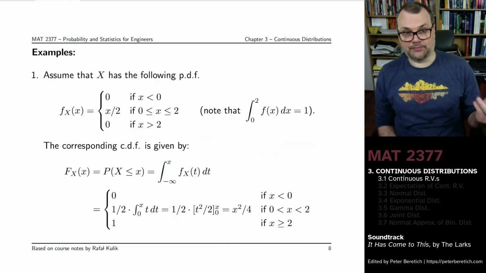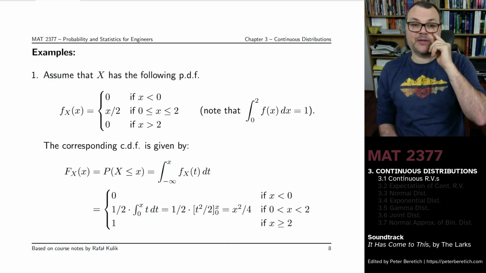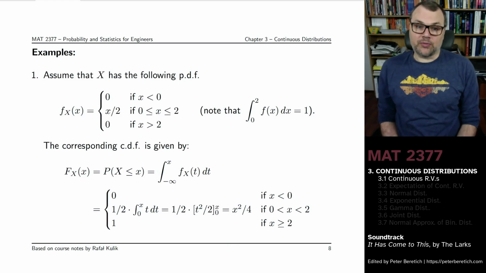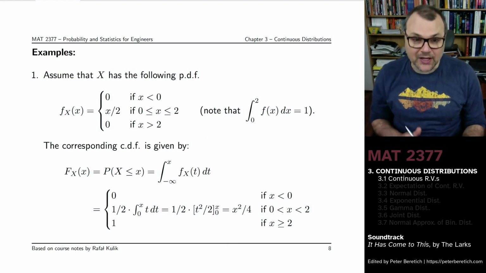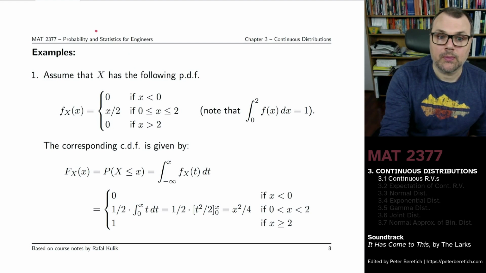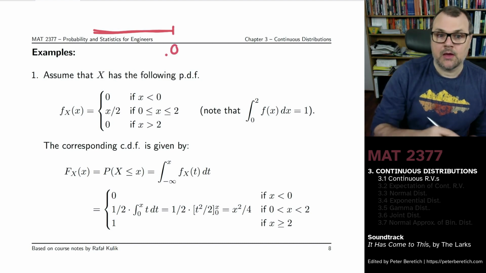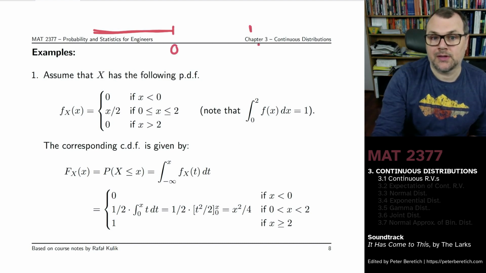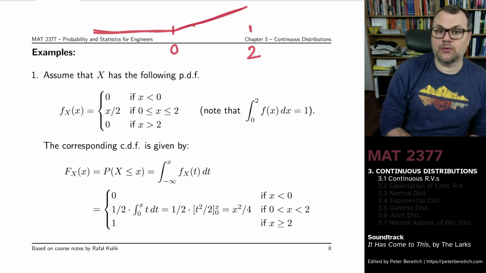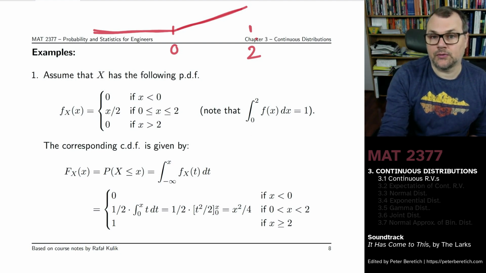As an example, let's say that we have a random variable x with the following PDF. It takes on the value 0 all the way to 0. Between 0 and 2, it takes on the value x over 2, and after 2, it takes on the value 0.